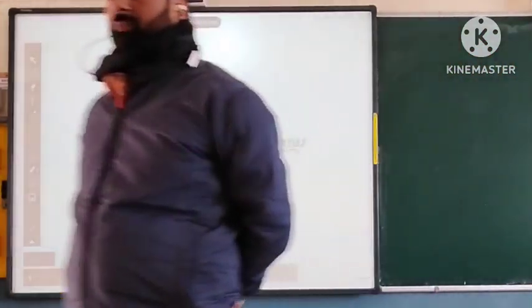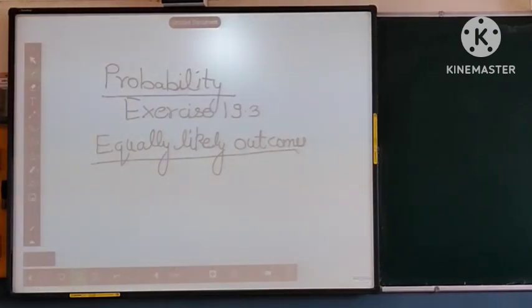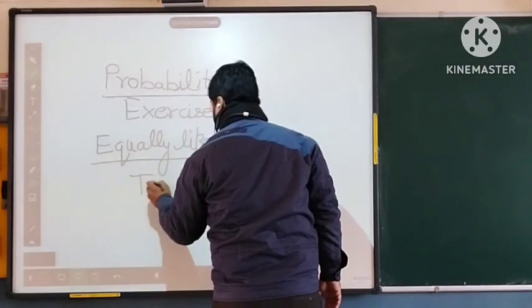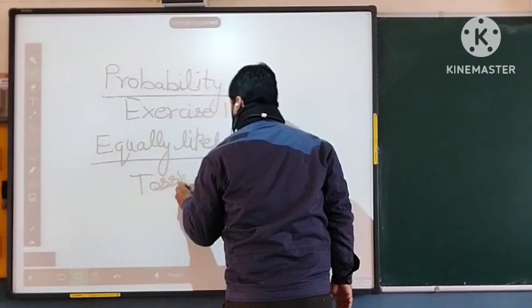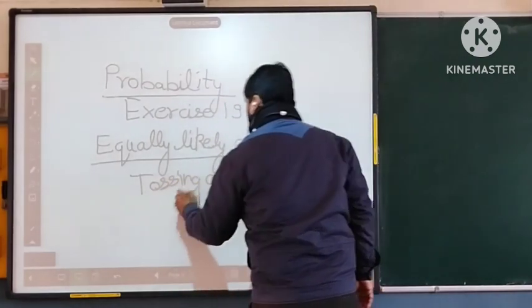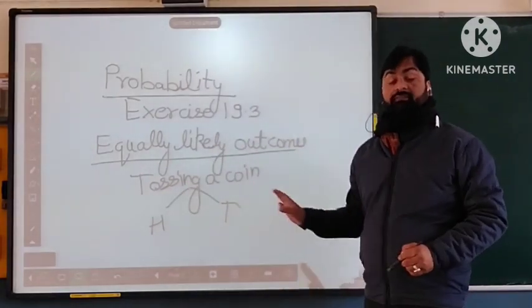That's what the theory mentions, that there is no reason for any one outcome to occur in preference. If we are tossing a coin, head will come and tail will also come, and both have equal chance.